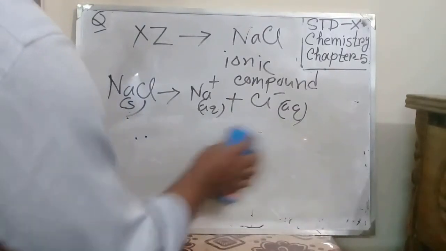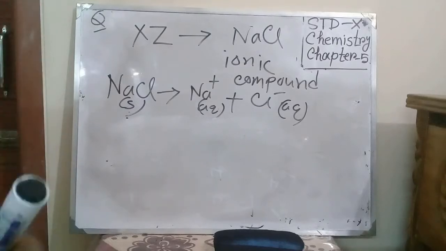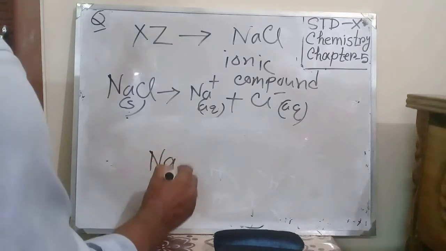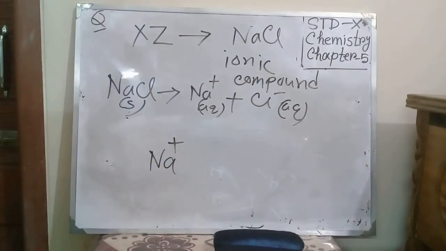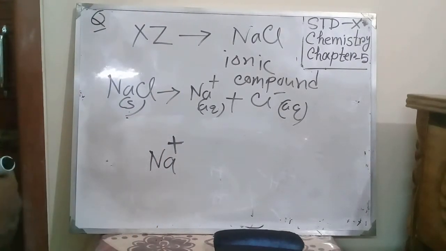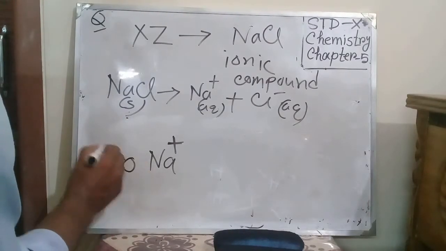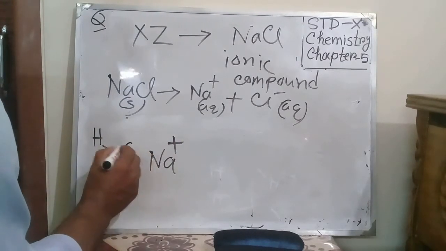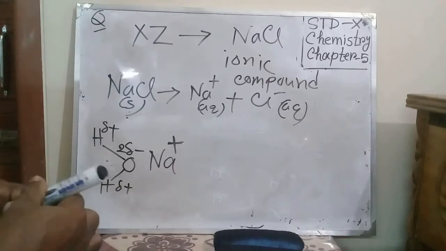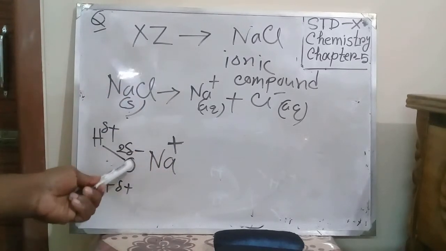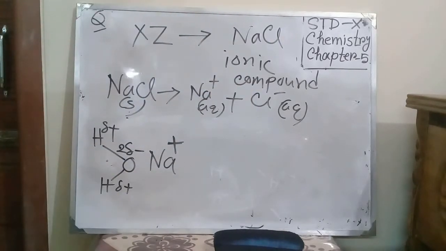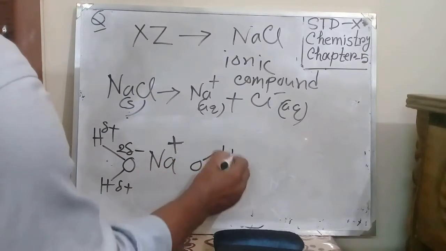So when we put sodium chloride in the water, it will dissociate like this. Then the sodium ion will be surrounded by water molecules, but this is positive, that means plus. So water will surround it like this. This is positive, so 2 del minus, del plus and H del plus. Look, sodium cation, and the oxygen side will come into contact with sodium like this.